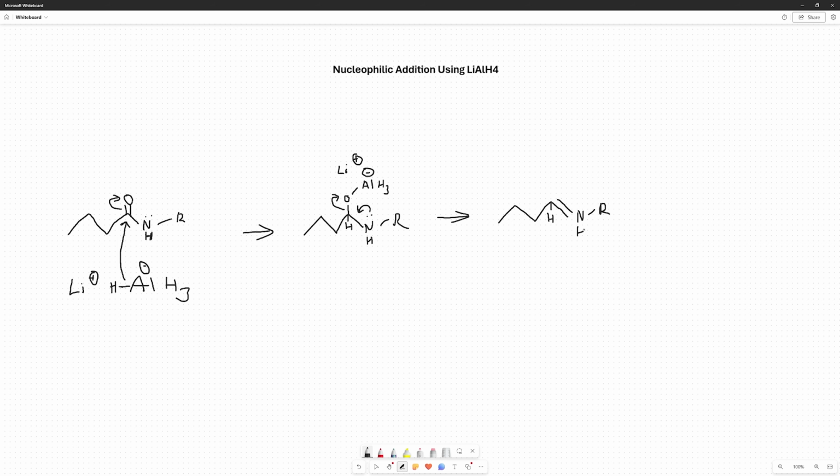And because this nitrogen still has its hydrogen, it's now got 4 bonds, which we know is wrong for nitrogen, so that's going to be positively charged. And the final step of the reduction is a further reaction with lithium aluminium hydride, which happens by another hydride.